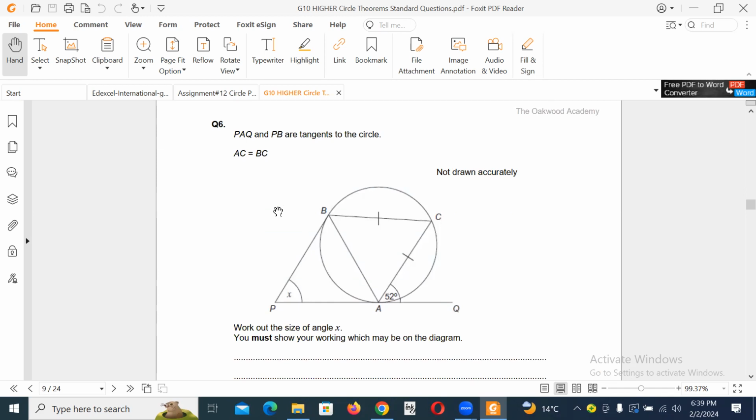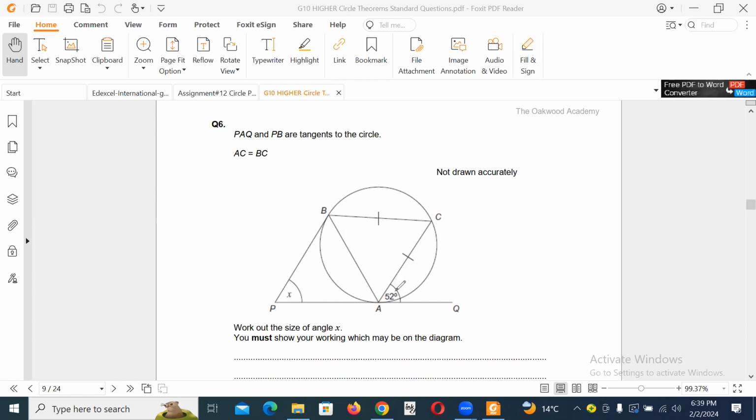Here they are talking about x again, and here we have PAQ and PB as tangents to the circle. AC equals BC, so these two lengths AC and BC are equal, which means the base angles are the same. We can bring in the concept of an isosceles triangle and the alternate segment theorem as well, because PAQ represents a tangent.